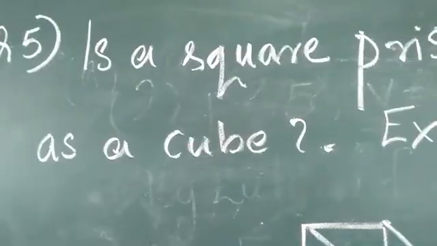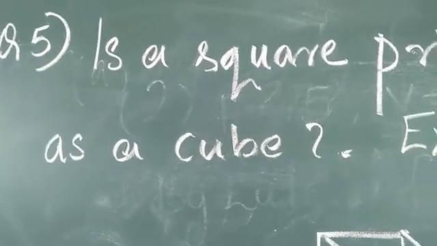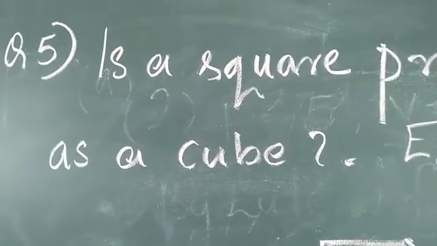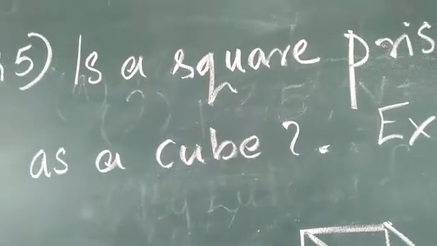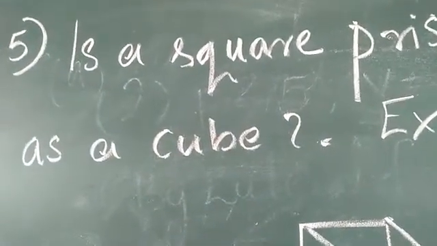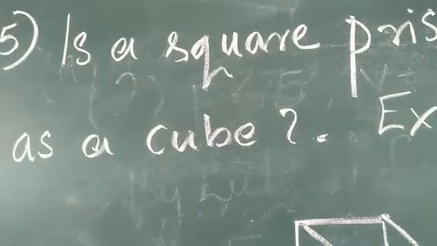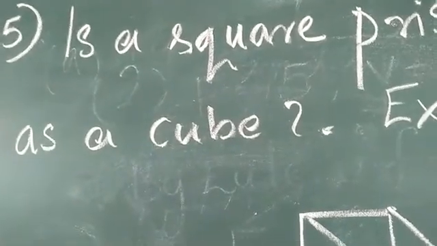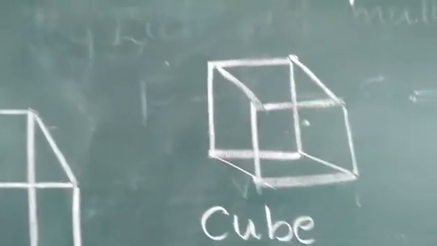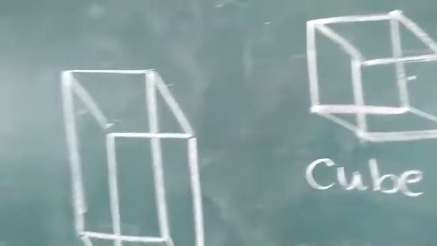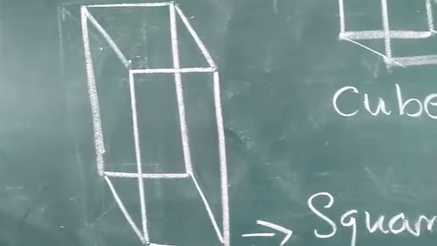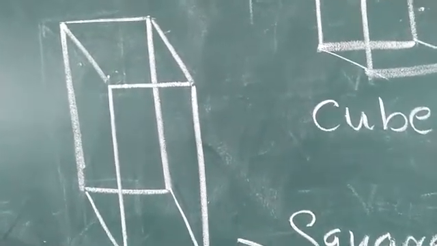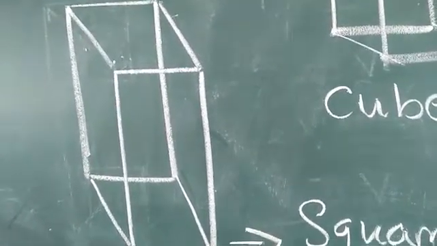Okay. Next question, is a square prism same as a cube? Square prism means both the ends will be in the shape of a square. Is it? So, sometimes in the case of a square prism, the sides will not be equal. In the case of a cube, we know that all the sides will be equal.